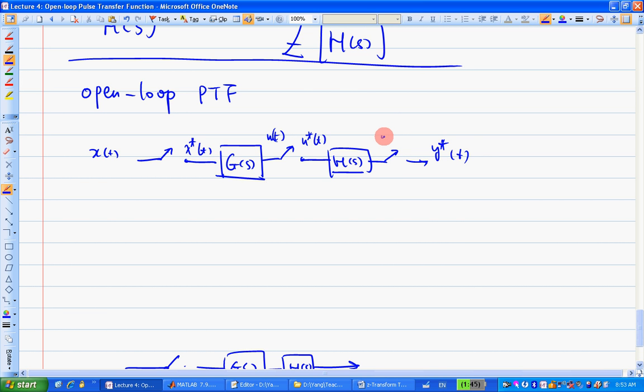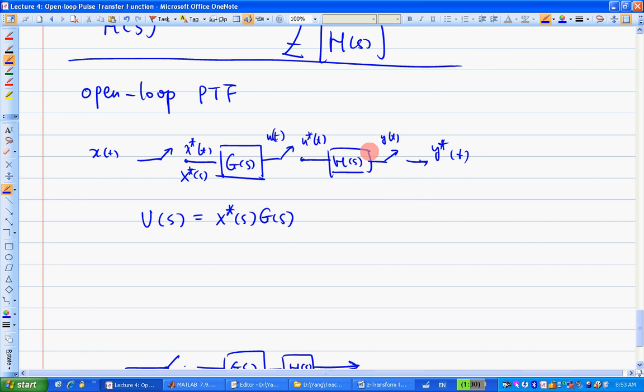The Z transform is always between the ratio of two starred ones. So in my particular case, I'll look at this block first. The U of S equals this X star of S and G of S.